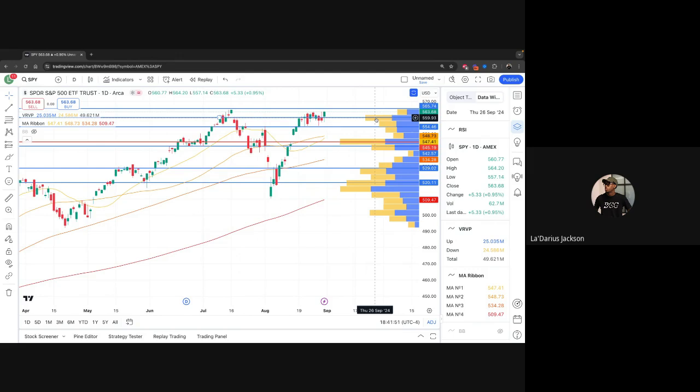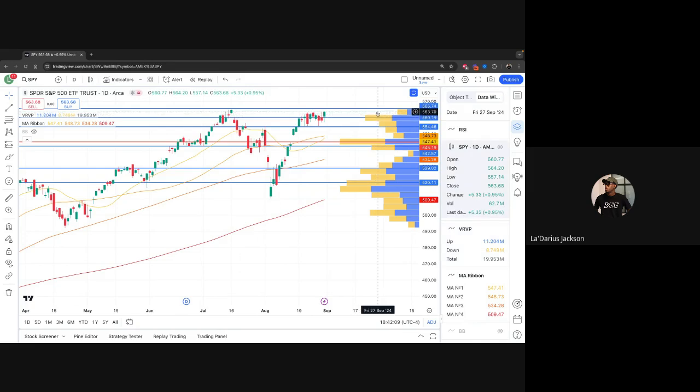We got 25 up and we have 24 down. So that's why we have a lot of consolidation. No one can really figure out which way it wants to go. It seems like it wants to go up, but if we pull back to this level, who knows? We may just get some more consolidation down below.